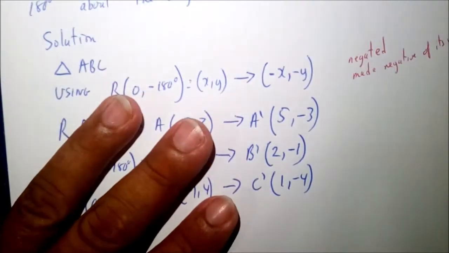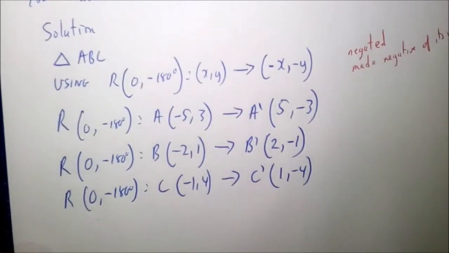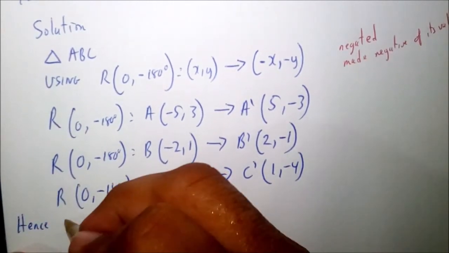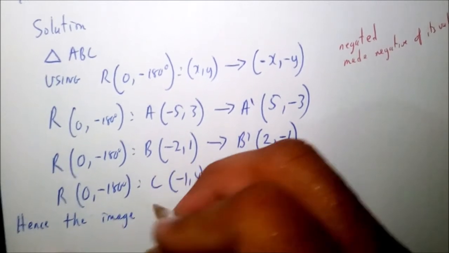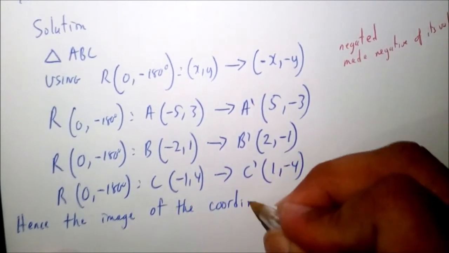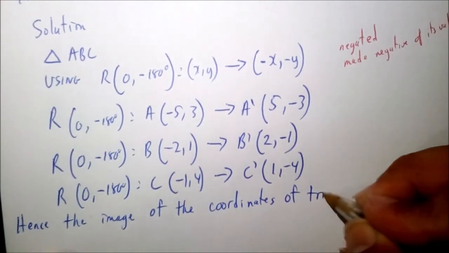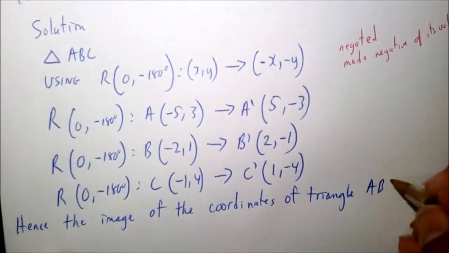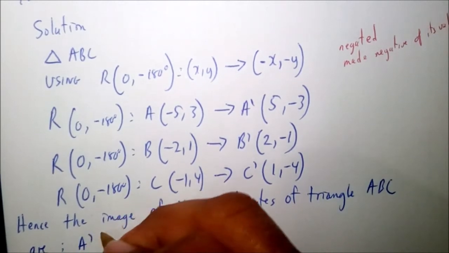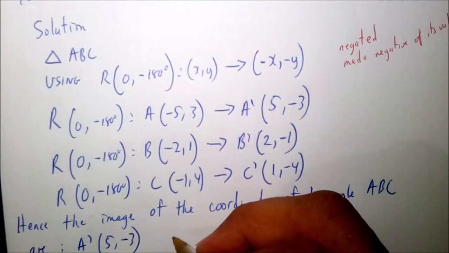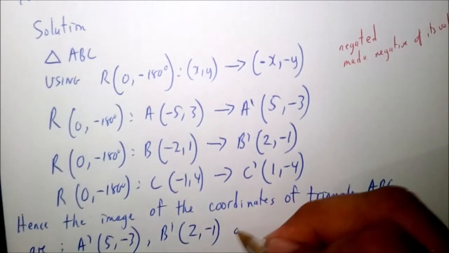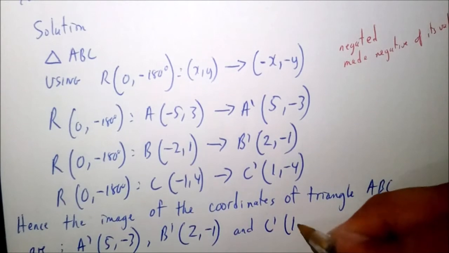So once you have done this, I want to see that you state it. You're going to use these words: hence, or you may say therefore, hence the image of the coordinates of triangle ABC are such that A prime is (5, -3), B prime, I put a comma because that's grammar, is (2, -1), and C prime is (1, -4).